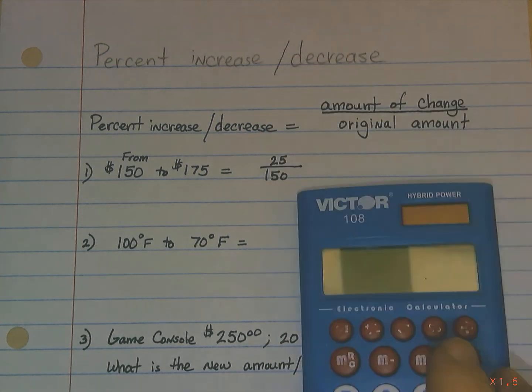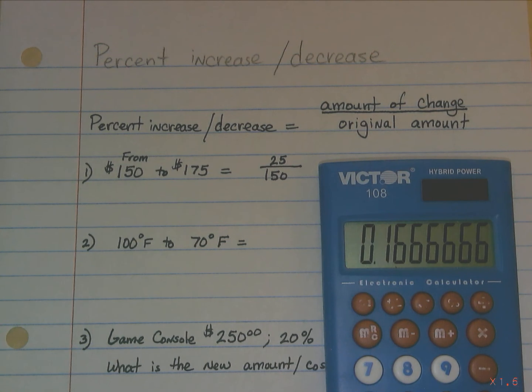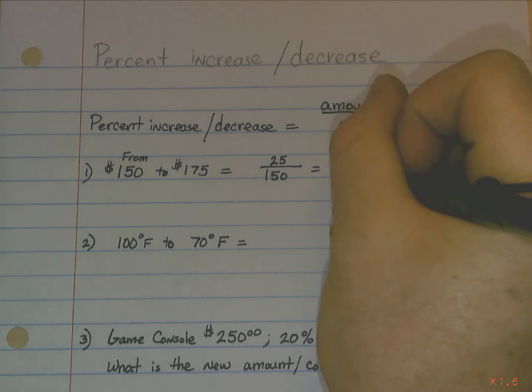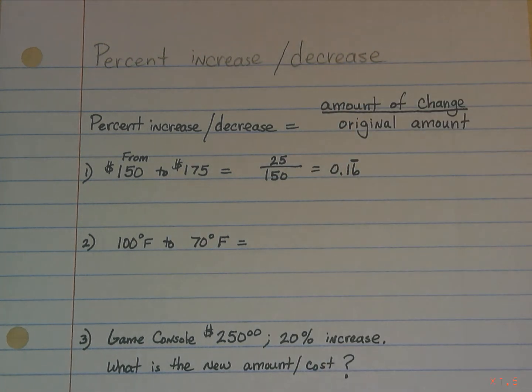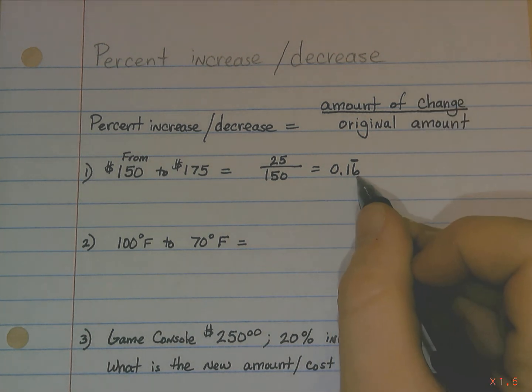So if you do that on the calculator, 25 divided by 150 equals, and you get a decimal. You see it's 0.16 repeating, and if you were to change that back to an actual percentage, you're going to move the decimal to the right 2 places, 1, 2.